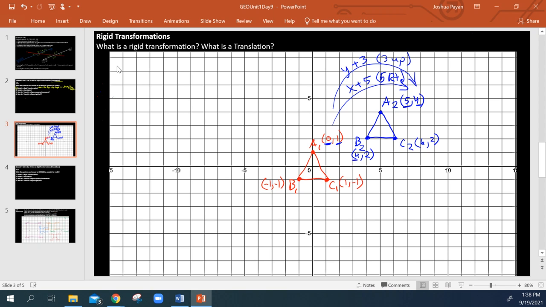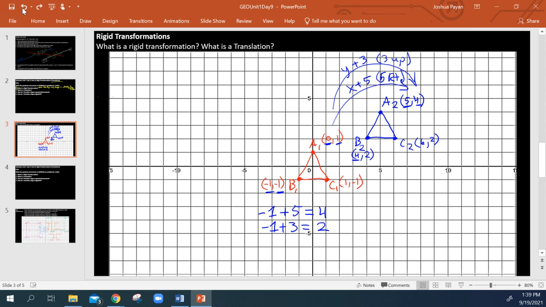So B2, right? Well, -1 plus 5 equals 4. And what was my x coordinate here? 4, right? -1, so we're doing y plus 3. -1 plus 3, well, that equals +2. And again, right?